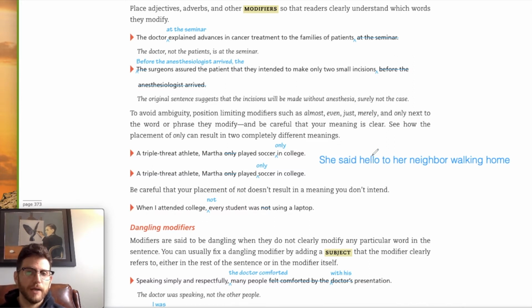Where is my participial phrase? It's here, walking home. More specifically, walking is a present participle, so if we want to be real technical, this is a present participial phrase. It is a present participle, walking, and then attached to the object home.